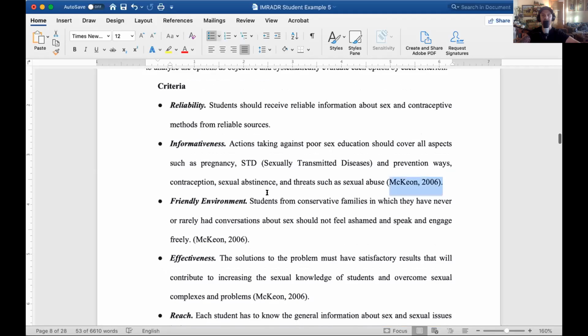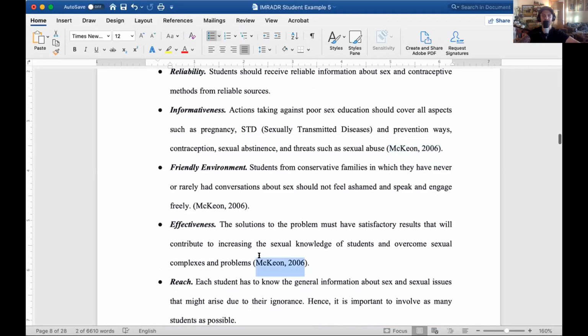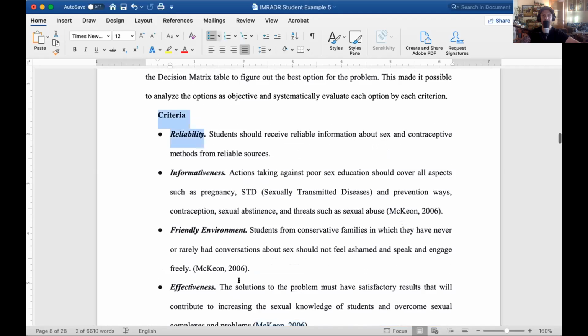Now here, these students, I know I said I wasn't going to get into the methods section. Look at me getting into it. These students focus only on this author for all of their criteria. And with reliability, they don't cite any secondary sources. You don't have to cite for everything. And you also don't have to cite your primary things that connect to your primary research.